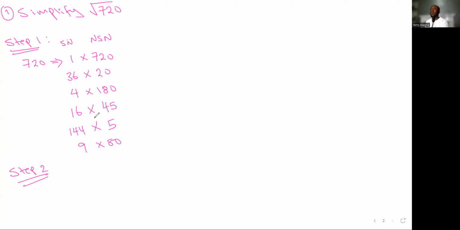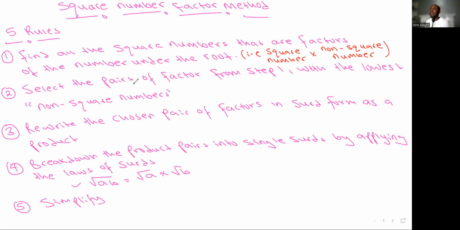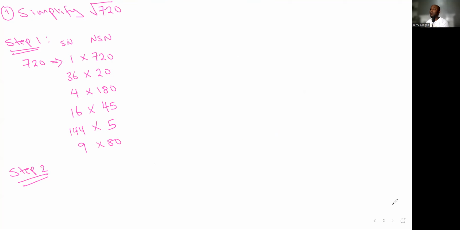Now we'll go to step 2. Because we have the square number on the left and the non-square number on the right, step 2 now says, select the pairs of factors from step 1 with the lowest non-square number. The non-square numbers we have here are 720, 20, 180, 45, 5, and 80.